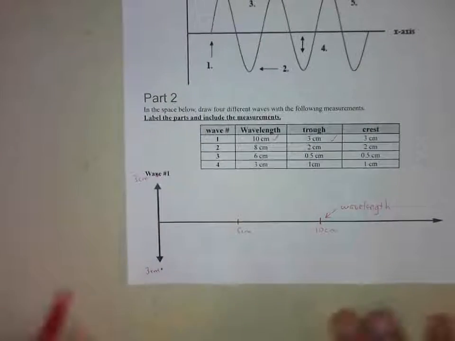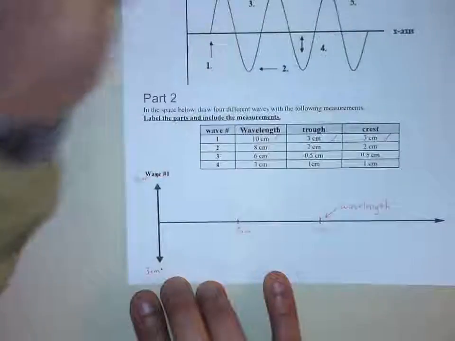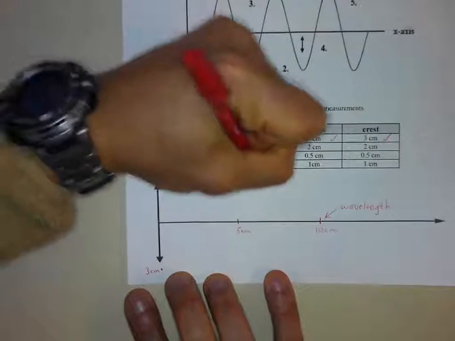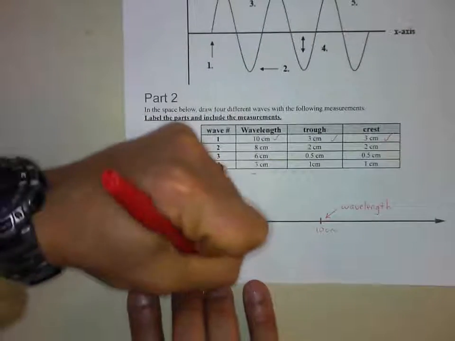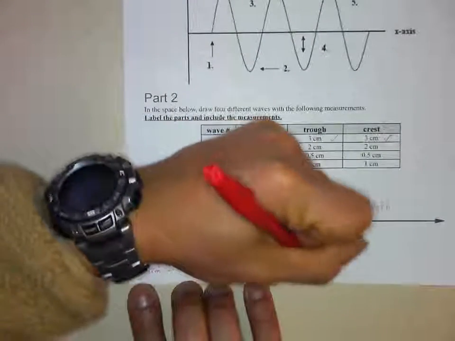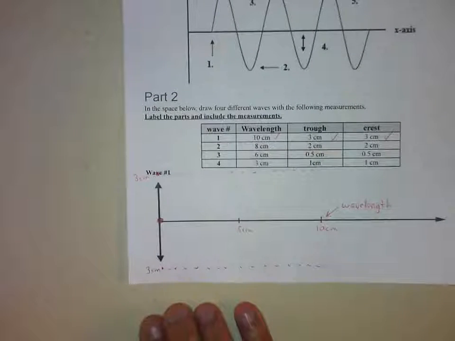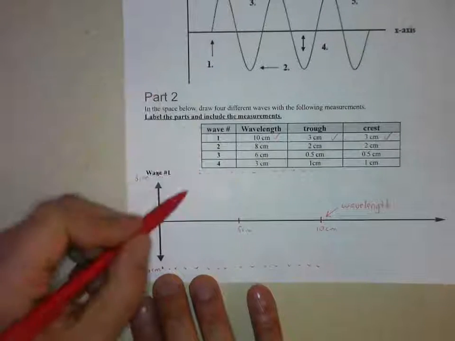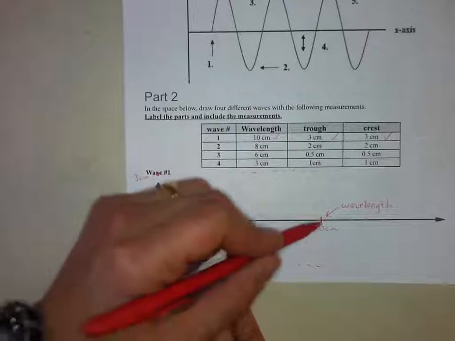So now we have to draw the wave. I'm going to mark crest. It's the crest. So I'm going to draw a line like this and another line like this. Okay. I'm going to start my wave here. This is where I start. I'm going to go up and touch this wave, go down through the midpoint, the middle, and then come back.